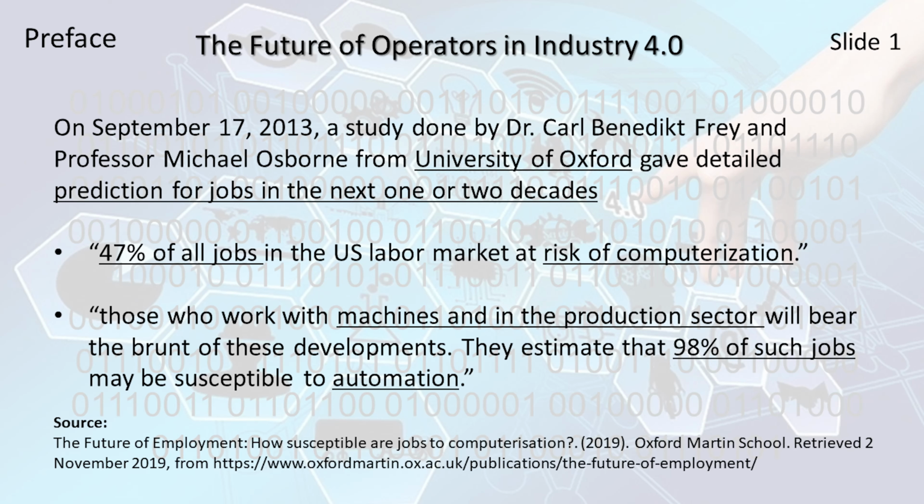Before starting our lecture about Industry 4 or I4, I would like to present this slide to you. On September 17, 2013, a study done by Dr. Frey and Professor Osborne from University of Oxford gave detailed prediction for jobs in the next 1 or 2 decades. 47% of all jobs in the US labor market are at risk of computerization.